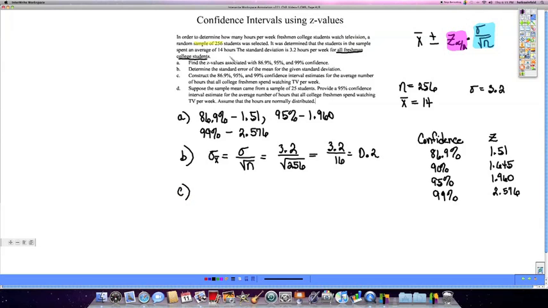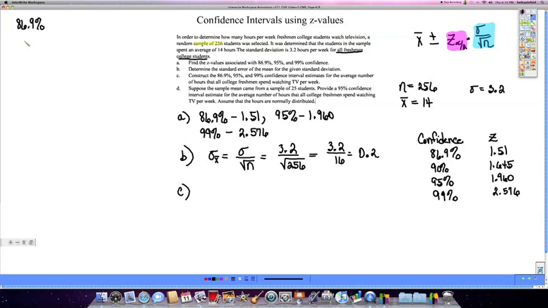Part C. Construct the 86.9%, 95%, and 99% confidence interval estimates for the average number of hours that all college freshmen spend watching TV per week. So in Part C, I'm going to go up to this part, and we'll do the 86.9% first.